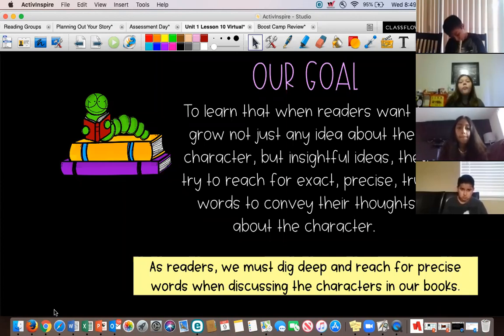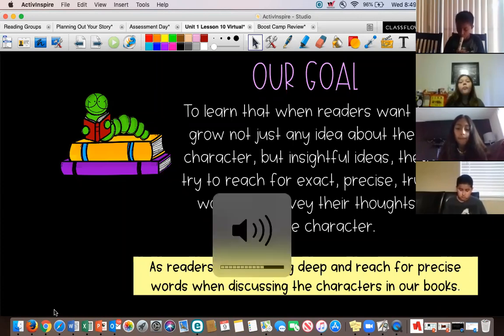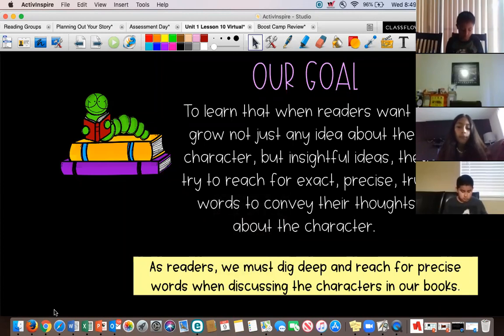To learn that when readers want to grow, not just in the idea about their character, but insightful ideas, they try to reach for exact, precise, true words to convey their thoughts about the character.